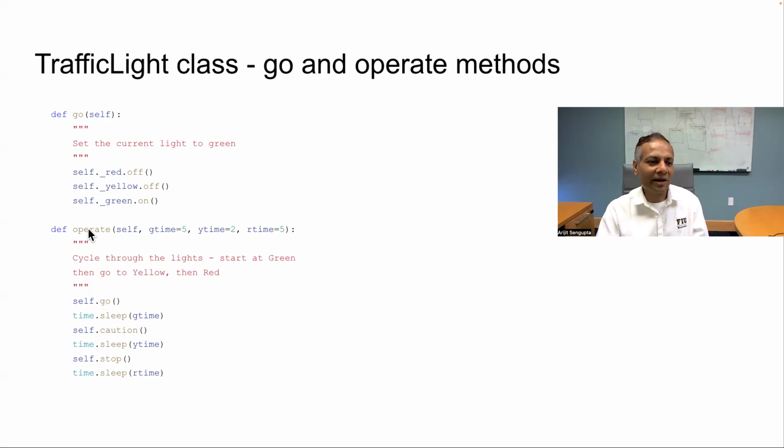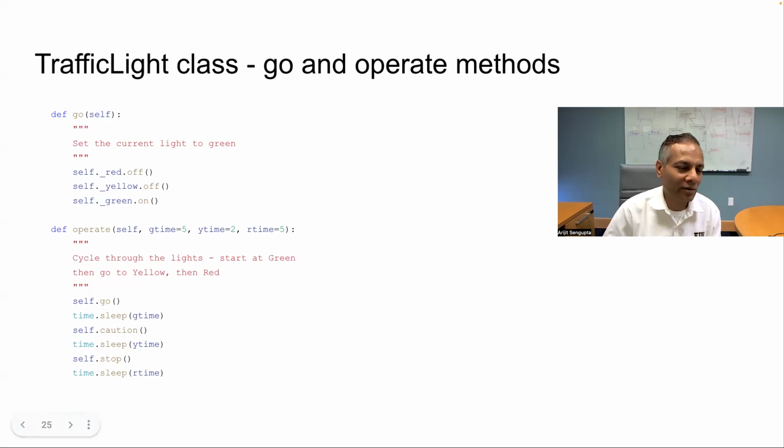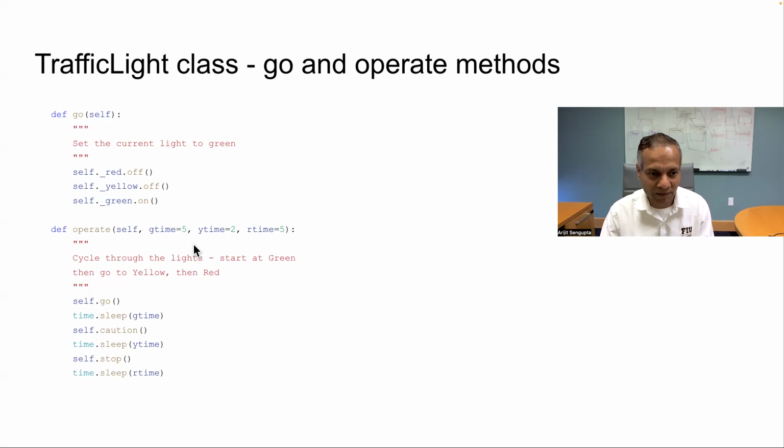Now, let's say we create a method called operate. This is the normal operation of your traffic light, where the light is just going to cycle through these lights for a predetermined amount of time for each. So this is where you can start seeing use of these parameters.